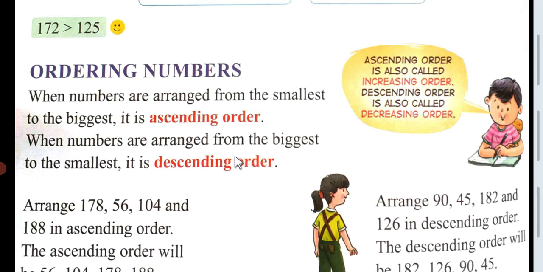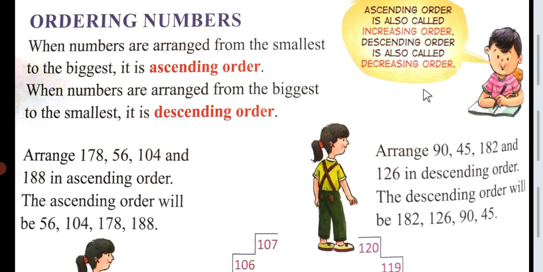From big to small is descending, and from small to big is ascending. You can see the definition here. Ascending order is also called increasing order, and descending order is also called decreasing order. Ascending means increasing, from small to big, and descending means from big to small.